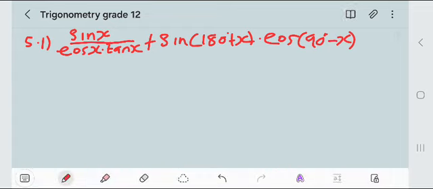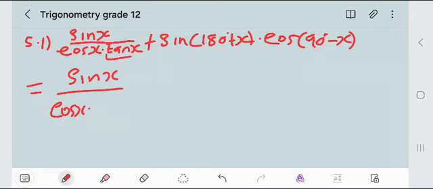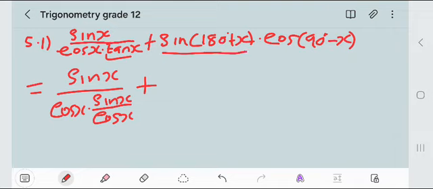Okay, we can start here. Equal sign, we have sine x as our numerator, then here we have cos x. We can change tan, which is the same as sine x over cos x. Here plus this, we can reduce that by applying our CAST diagram.